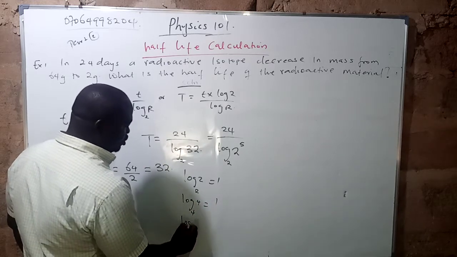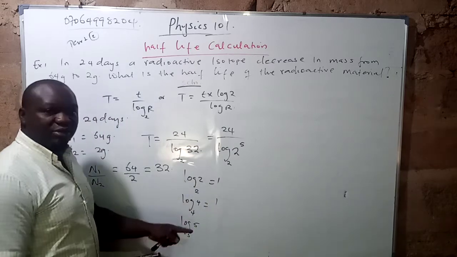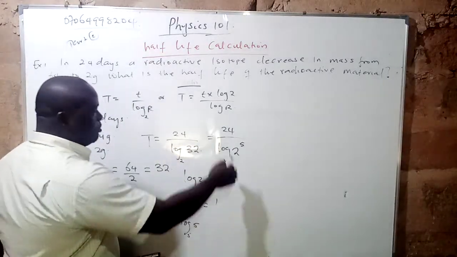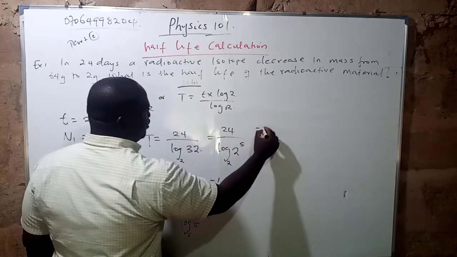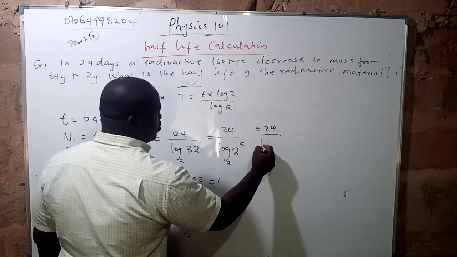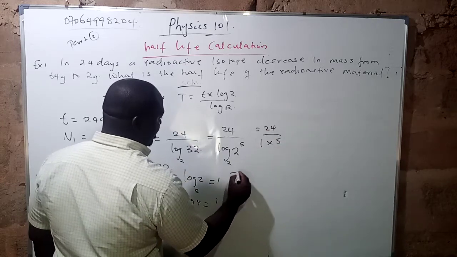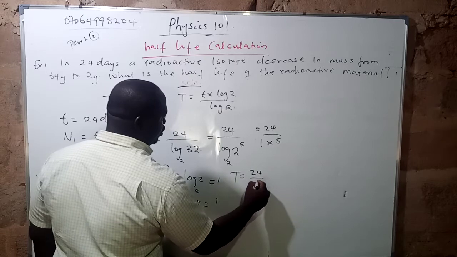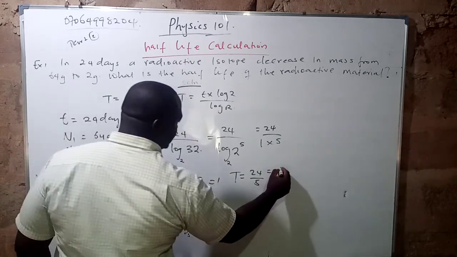Once the log and base are the same, your answer is 1. So come back to this place. You have log 2 base 2, so this is 1. So you have 24 over 1 times 5. So your half-life T is equal to 24 all over 5, and that should give you an answer of 4.8.